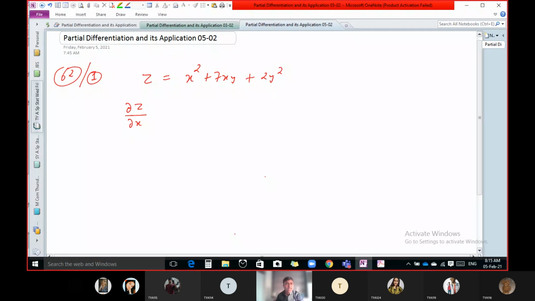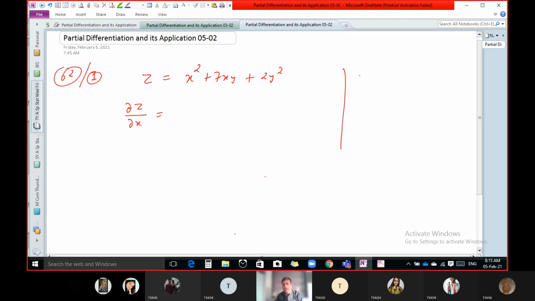But you can say delta. Actually, it is not delta, it is dou z upon dou x, but you can say delta z upon delta x, no problem. This indicates partial differentiation of z with respect to x.